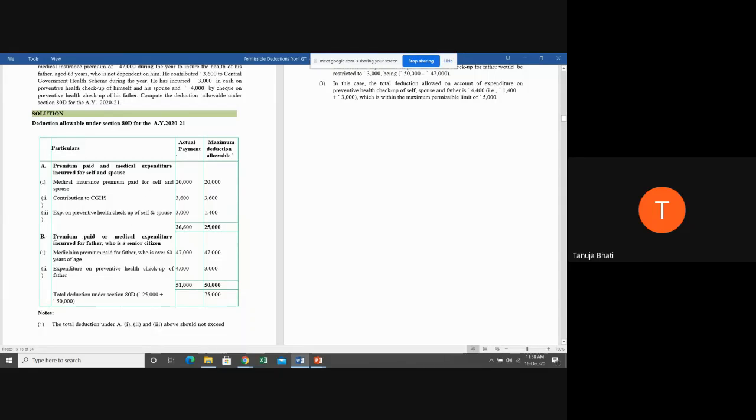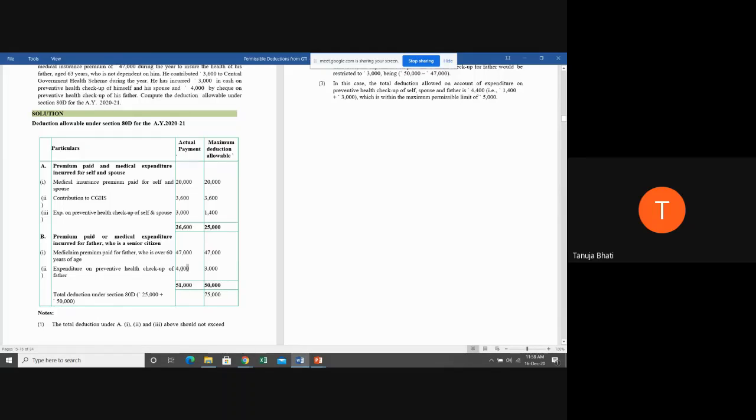The second part is the premium paid or the medical expenditure incurred for the father, who is a senior citizen. So the Mediclaim premium paid for the father is 47,000 and he will be allowed the full 47,000 because it is within the limit of 50,000. But on the preventive health checkup, he actually incurred an expenditure of 4,000. That total comes to 51,000, but he is allowed a deduction of only 50,000.